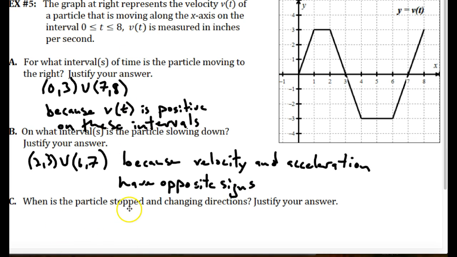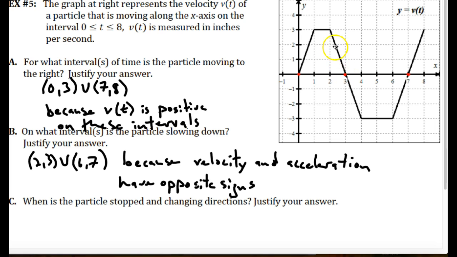Alright, so when is the particle stopped and changing directions? Okay, so the particle stops whenever velocity is equal to 0. Okay, well that occurs right here, and right here. However, it says when is it stopped and also changing directions. That would only occur at 3 and at 7. Okay, because remember, whenever velocity is positive, we're moving to the right. Whenever velocity is negative, we're moving to the left.